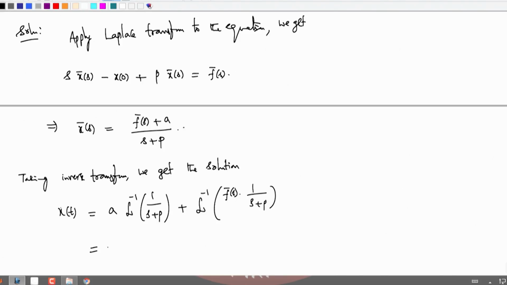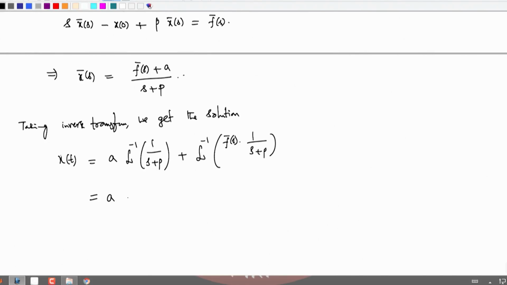So, what is this one? This is actually equal to a times e power minus pt, since the Laplace transform of this is 1 by s plus p. Here, this is the Laplace transform of f of t, this is the Laplace transform of e power minus pt, and this is f of t.